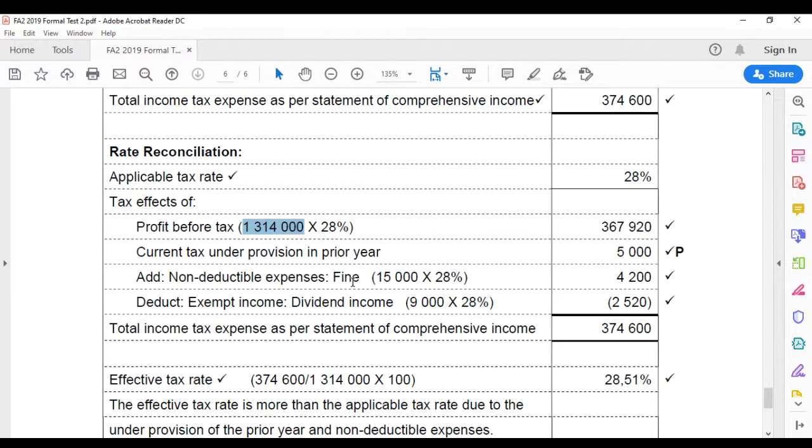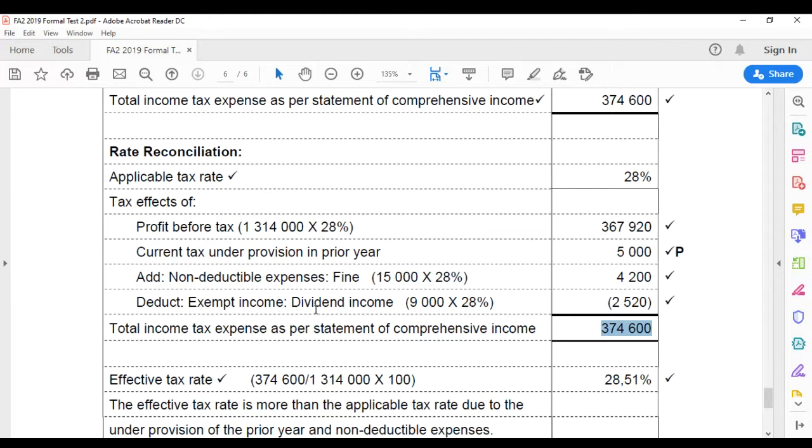That is what they will see. What will they see just below that? Just under the profit before tax will be a line item that states income tax expense. What will they see there? They will see an amount of 374,600 rands. Right, that is what they will see on the face of that statement.